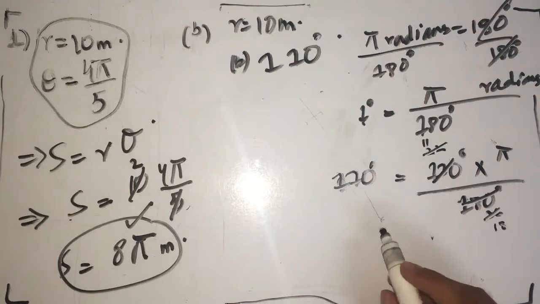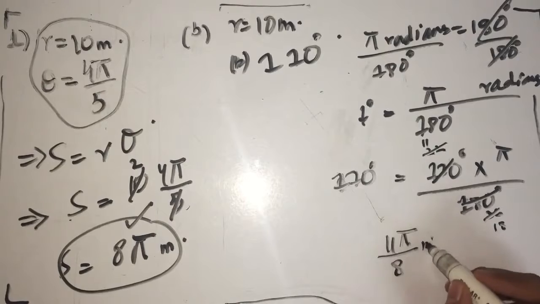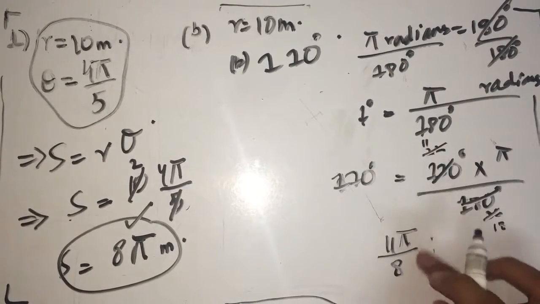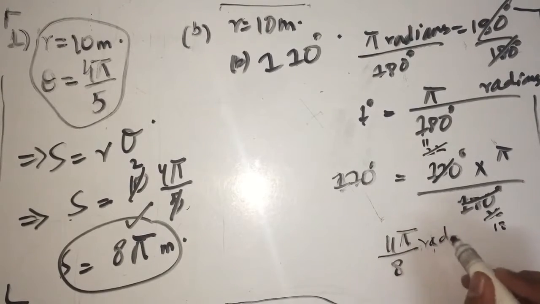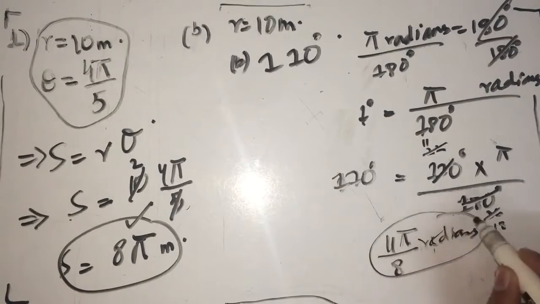So we have 11 pi by 18 radians. So 110 degrees is actually 11 pi by 18 radians.